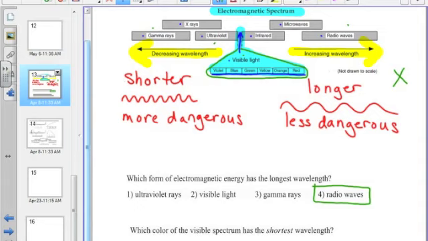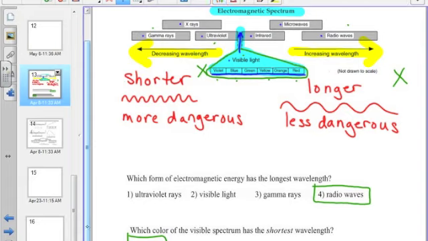So I want the shortest wave. Again, I'm looking to see, okay, shorter. This is going to be to the left-hand side of my diagram. Shortest wavelength, well, here's violet, blue, yellow, and red. Okay, which one's shortest? Gotta be the violet. Okay?